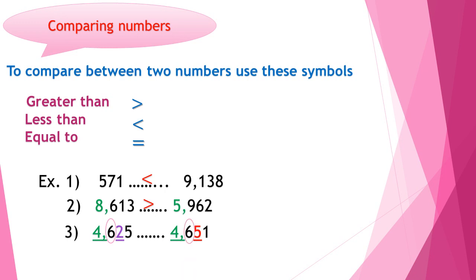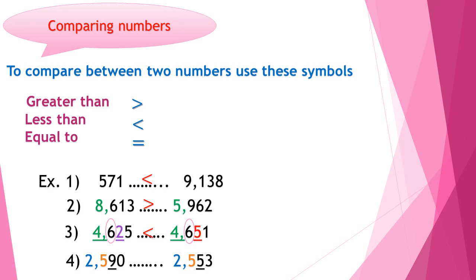Then look at the number in tens place. We have here 2 and here we have 5. Then which is the greatest, 2 or 5? Yes, 5. Then 4,625 is less than 4,651.